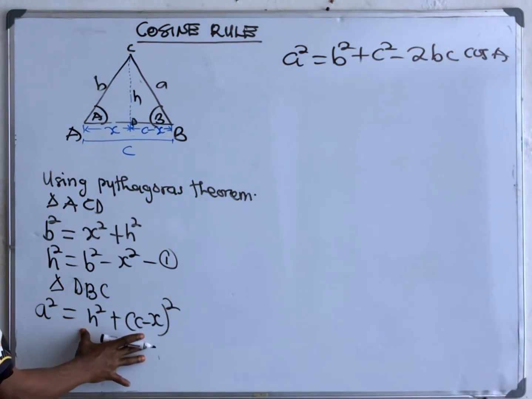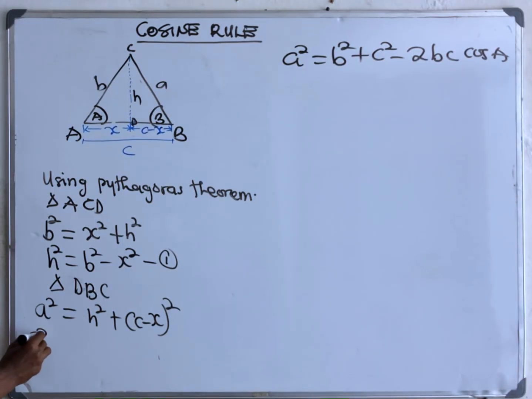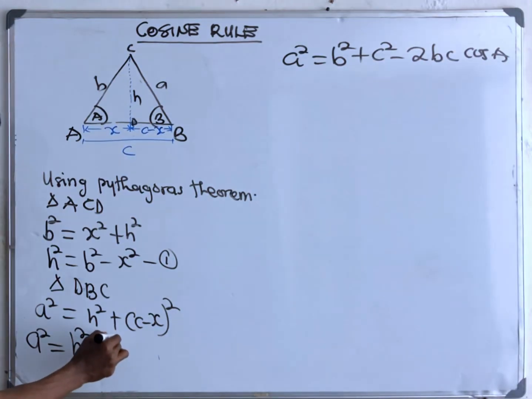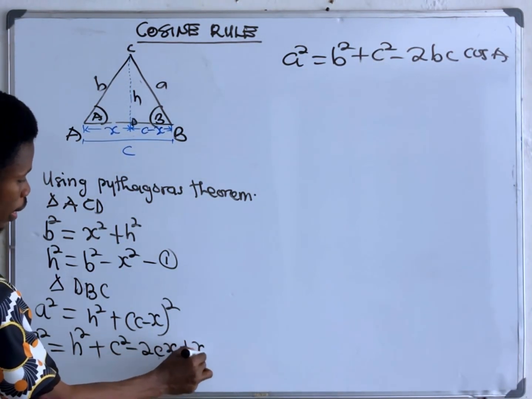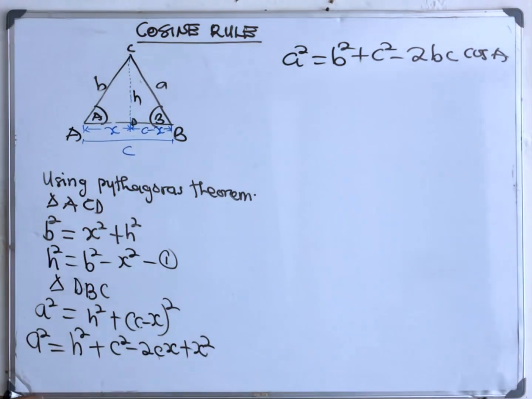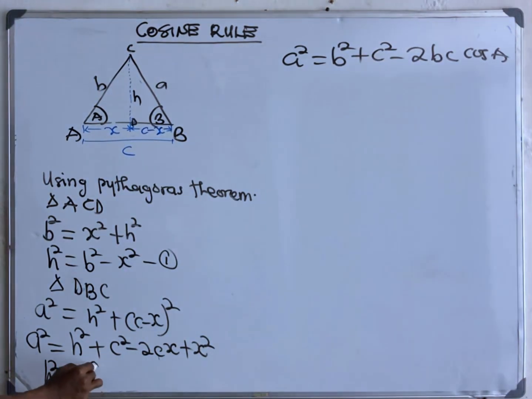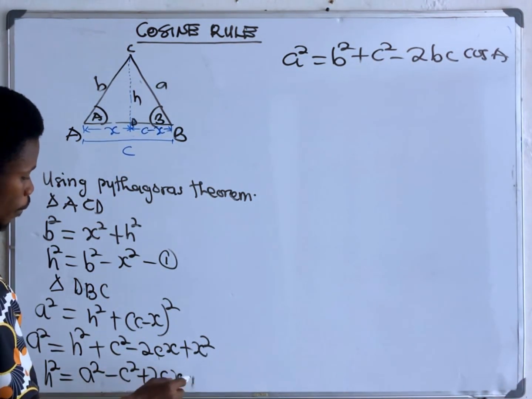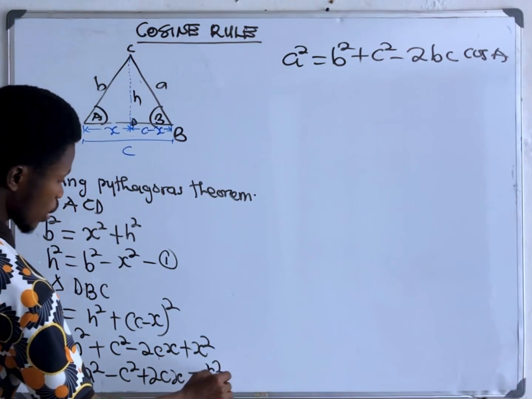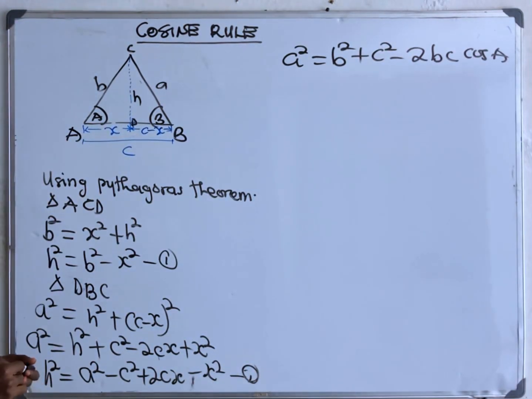So let's expand this one. a squared equals h squared plus c squared minus 2cx plus x squared, right? If you expand, this is what you get. Now let me make h squared the subject. h squared will be equal to a squared minus c squared plus 2cx minus x squared. Let's name this one equation 2.